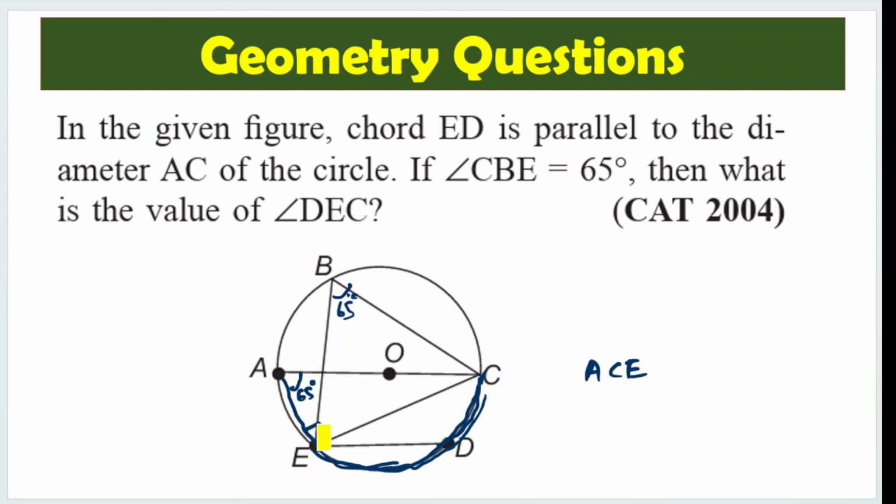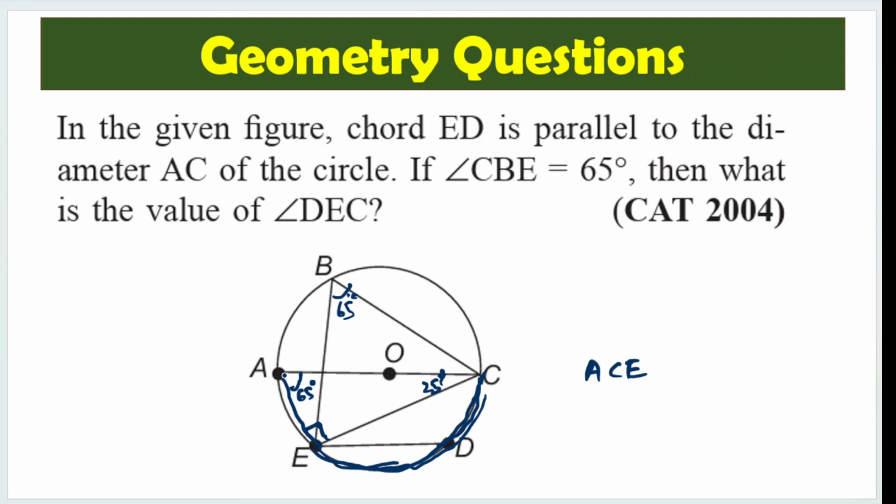If this is 90 degrees and this is 65 degrees, this should be 25 degrees, because the total is 180. 90 is gone, and the remaining 90 should be shared between this angle and this angle. This is 65, so this should be 25. The total should be 90: 25 plus 65 is equal to 90.